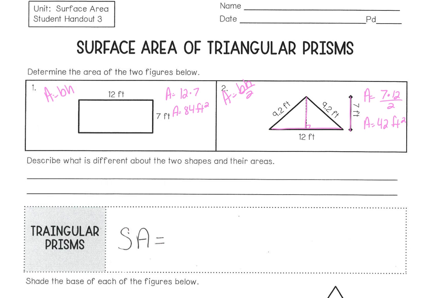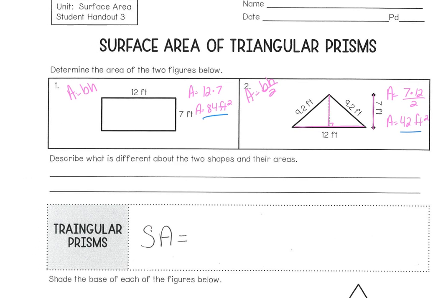Okay, so now we'll take a look at these. We have 84 square feet for a rectangle and half of that for the triangle, so it's 42 square feet. So you're supposed to describe what is different about the two shapes. Well, the triangle is half the rectangle.